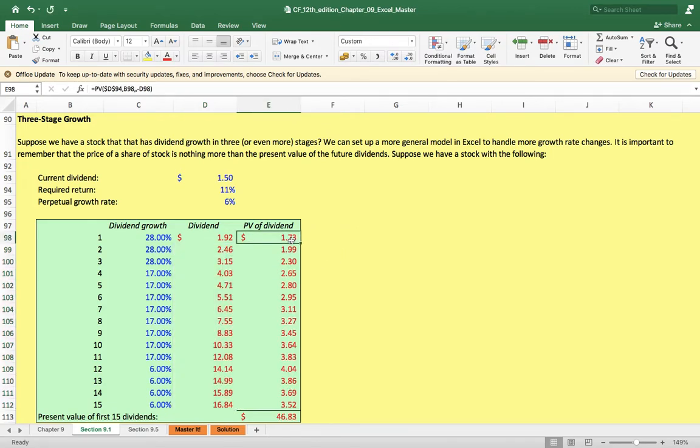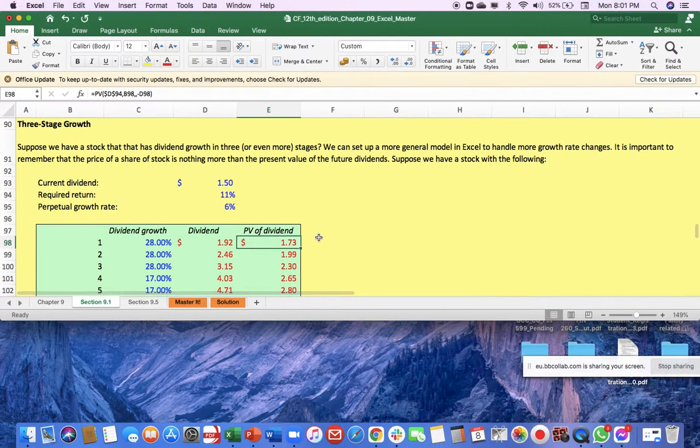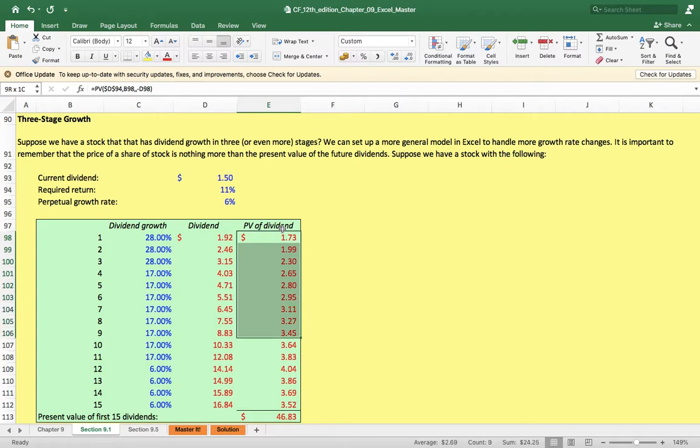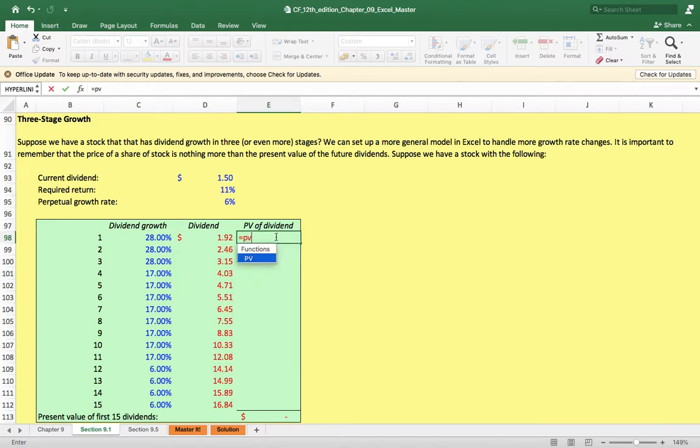Now the present value. Use the formula PV, and first of all we give the rate. Rate will be 11%, and we will copy the formula down. That's why we freeze the rate of 11%, because that is the rate we want to use from year 1 to year 15.